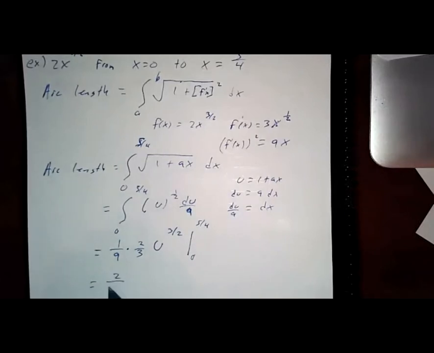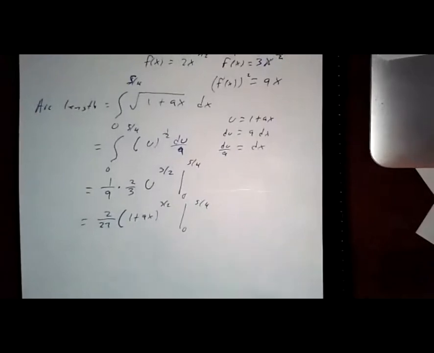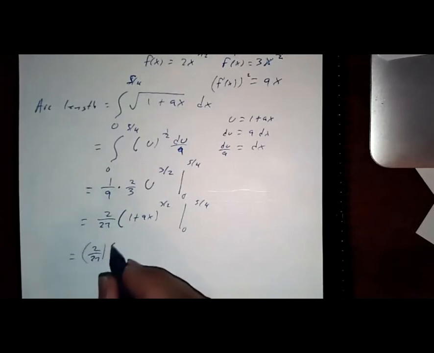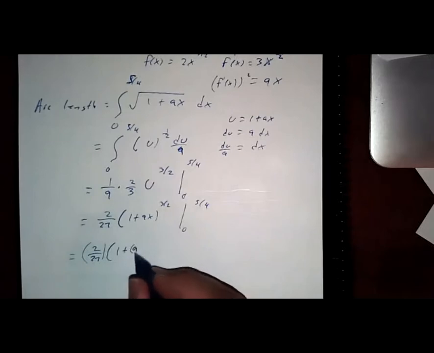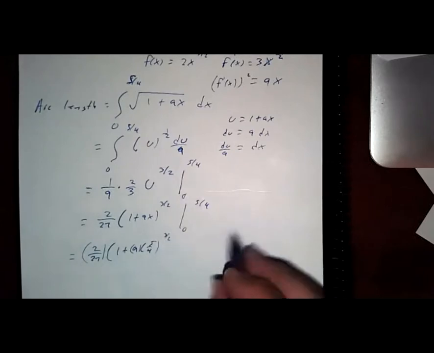That would be 2 over 27 times 1 plus 9x to the 3/2. Okay, so plug that in, and you should get 1 plus 9 times 5/4, to the 3/2.